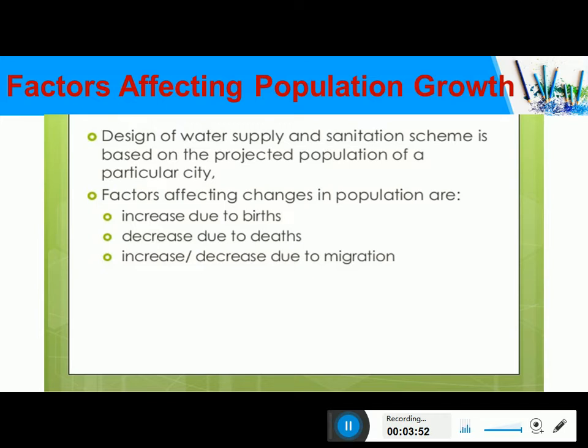All those things happen for a particular city or region. For example, people move to bigger cities and major metro cities in search of jobs, so that is due to migration. And also if there is any pandemic or disease outbreak, people start to migrate back to their places. So this kind of change happens.